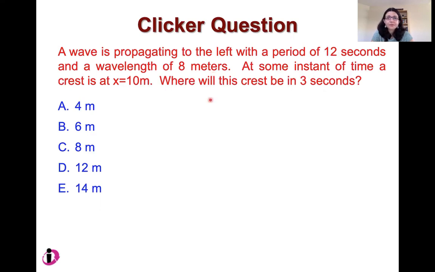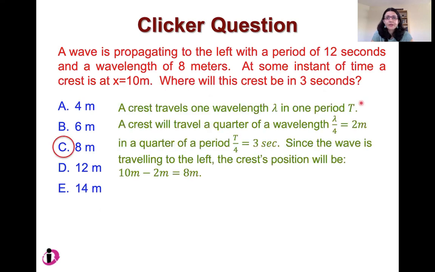So if in 12 seconds the wave moves by 8 meters, then in 3 seconds, which is 1/4 of the period, it will move by 1/4 of the wavelength. So 1/4 of the wavelength is 2 meters. And again, because it's moving to the left, it has to go to decreasing x, so it's going to end up at 8 meters after the 3 seconds.